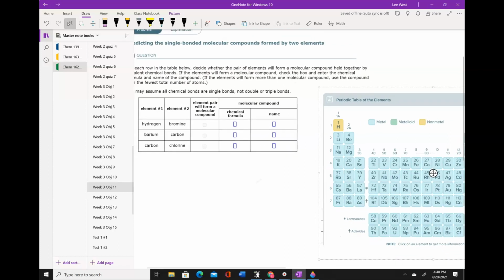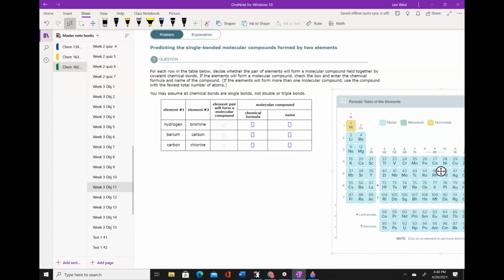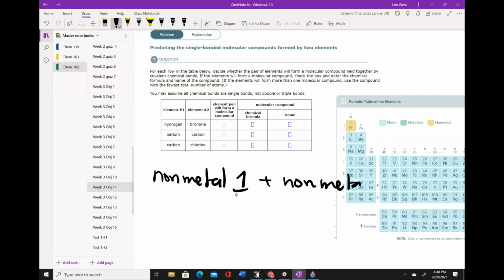All right. For each row in the table below, decide whether the pair of elements will form a molecular compound held together by covalent chemical bonds. So basically, molecular compounds form when you take a non-metal and you combine it with another non-metal.